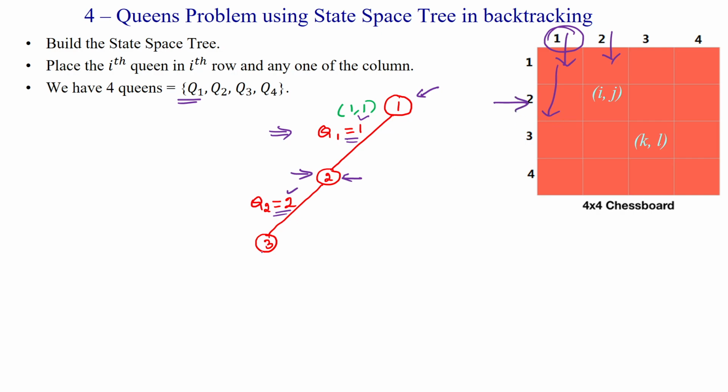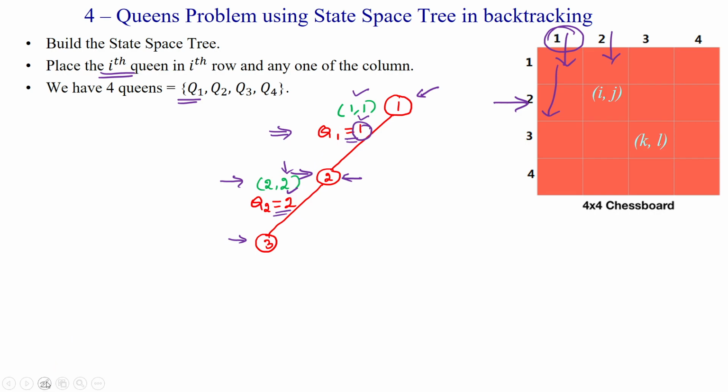Now I am checking whether both queens are in the same row or not. That is the important thing. Here you look: the second queen is placed in the second row and second column. The first queen is placed in the first row, first column, so that's why 1 comma 1.